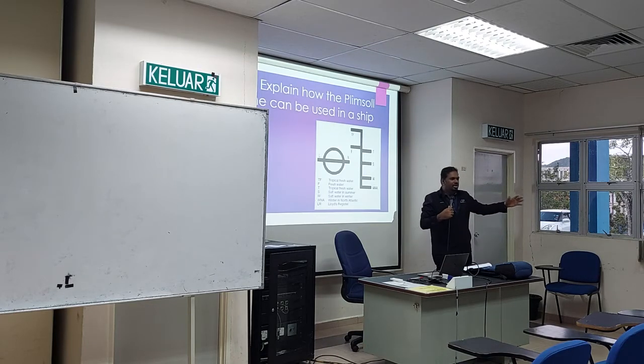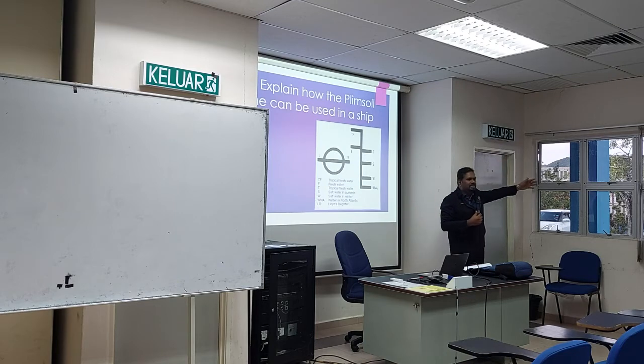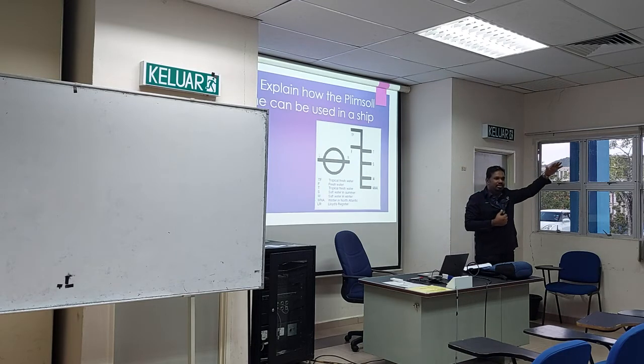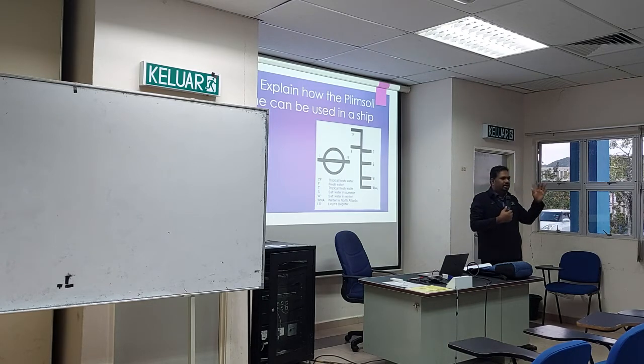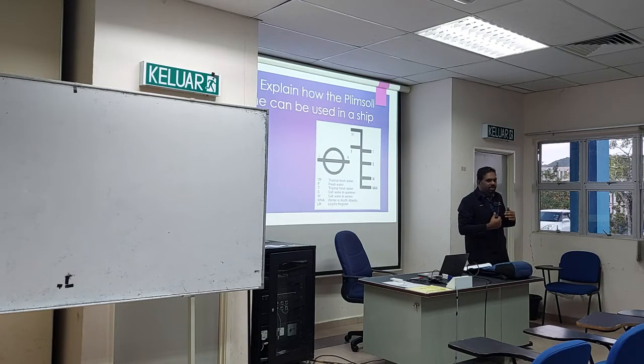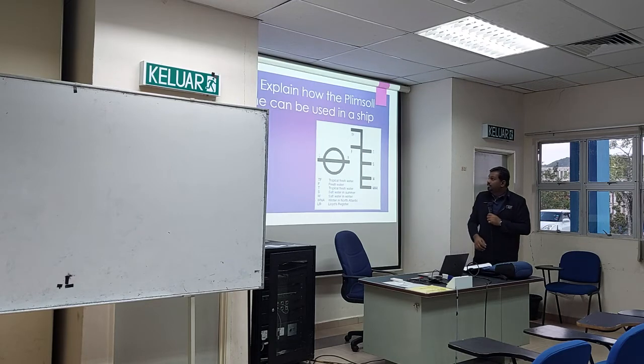Aeroplane kalau you tengok, they will cross whichever place they want, as long ada airspace. Kecuali Bermuda Triangle lah. Bermuda Triangle ada misteri kan, kapal hilang. So they won't go through that. But for sea, you cannot go through all the part. Dia ada part dia sendiri yang kapal kena lalu.